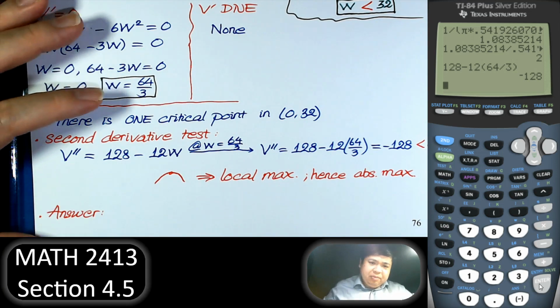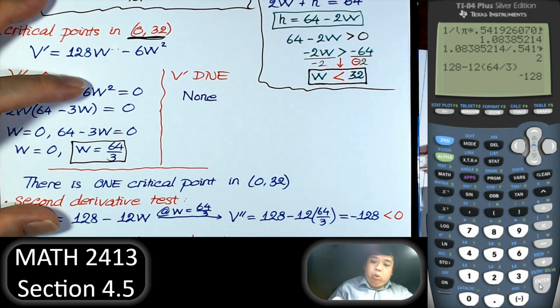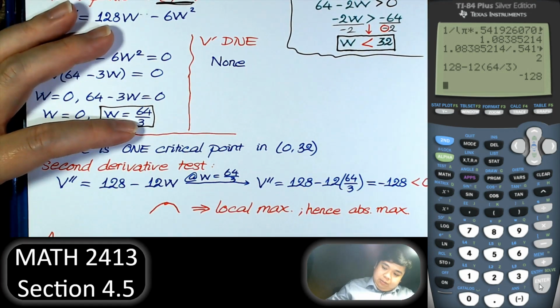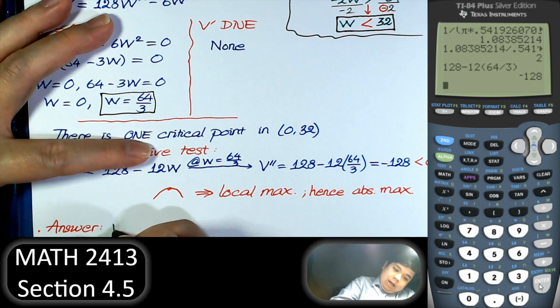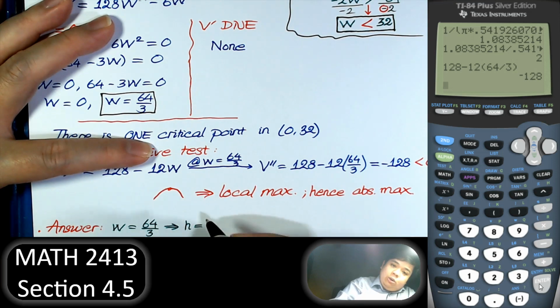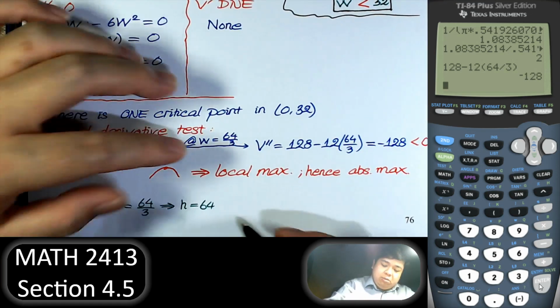Answer at the end. We have w, the width, equal to 64 over 3. So let's calculate the height. The height is equal to 64 minus 2 times the width.